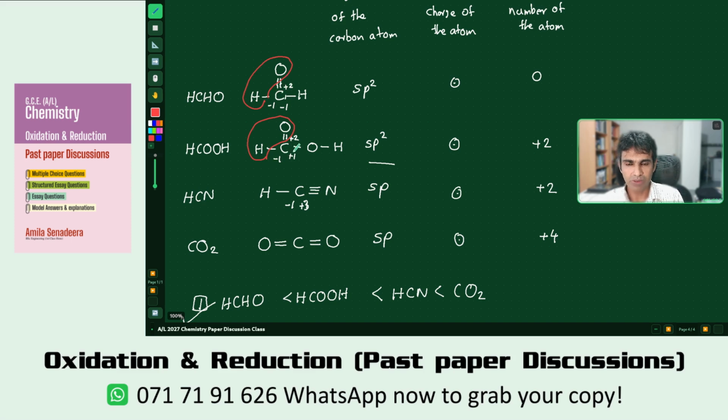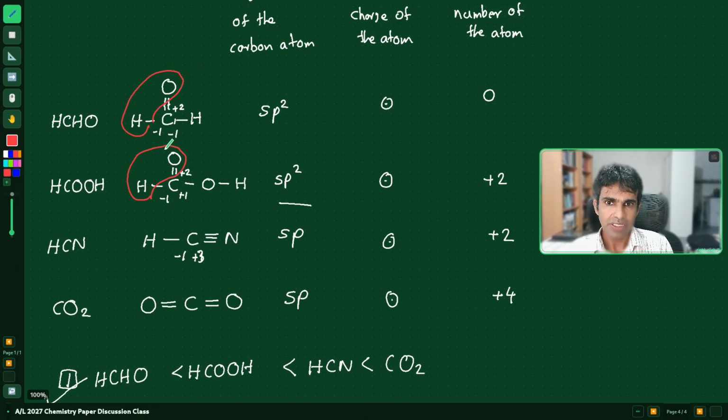Due to carbon-oxygen bond, electrons are attracted to the oxygen atom. So, definitely oxidation number of carbon atom in formic acid is higher than the oxidation number of carbon atom in formaldehyde. So, we can deduce the variation of electronegativity using that variation without deducing the exact oxidation number.